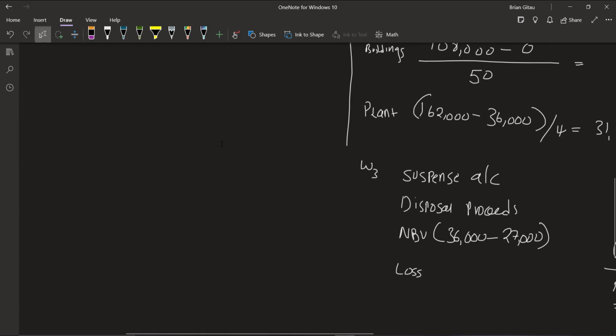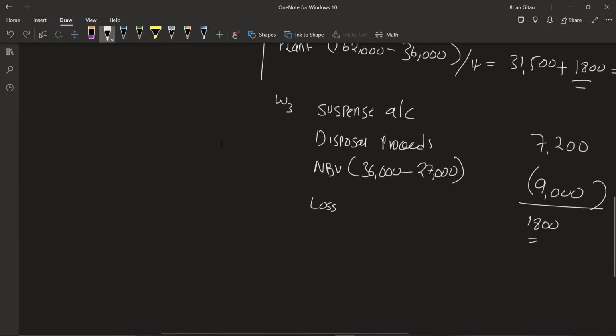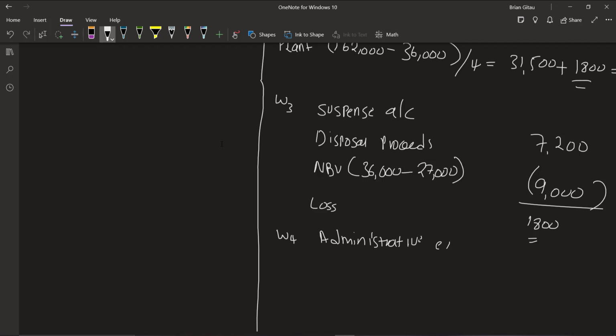So we are at working number 4, administrative expenses. The administrative expenses as per the trial balance we are given as 156,000.